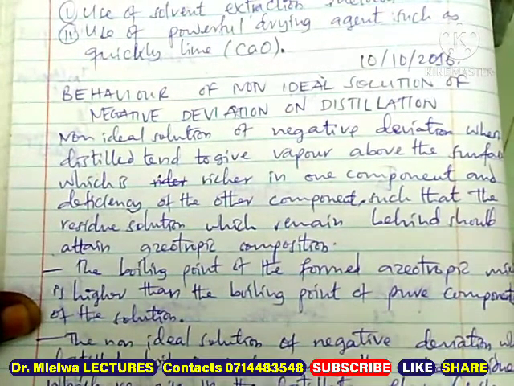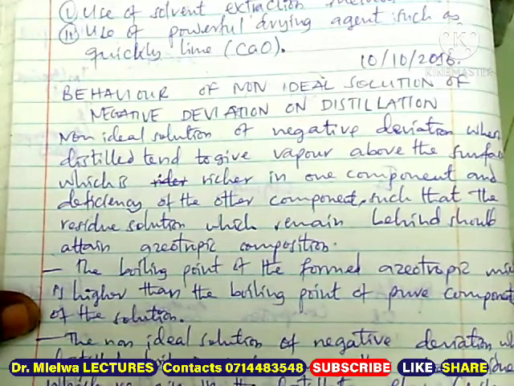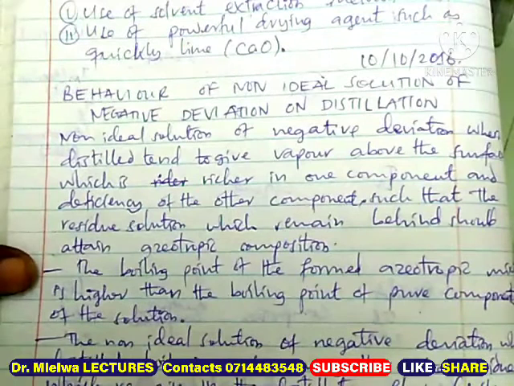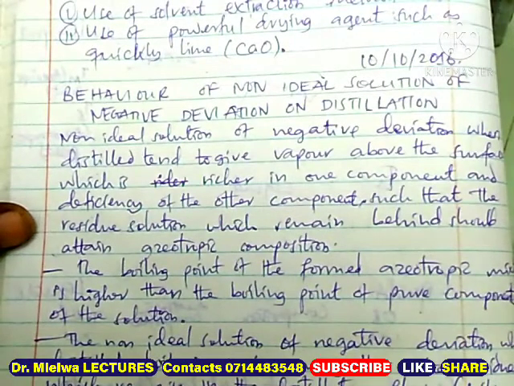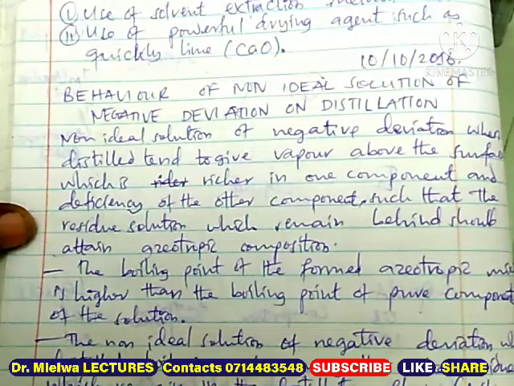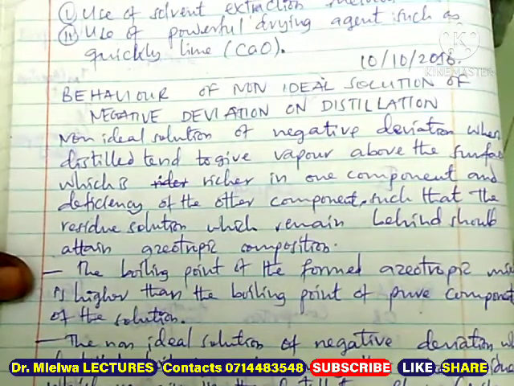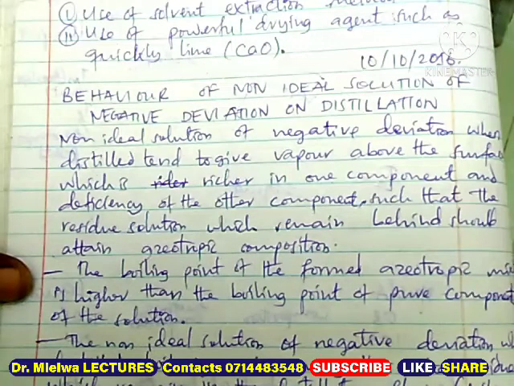In the previous session, we discussed the behavior of non-ideal solution of positive deviation on distillation, and today we are going to discuss the behavior of non-ideal solution of negative deviation on distillation. If you are with me in the previous session, I hope you understood it, and I can't repeat everything.